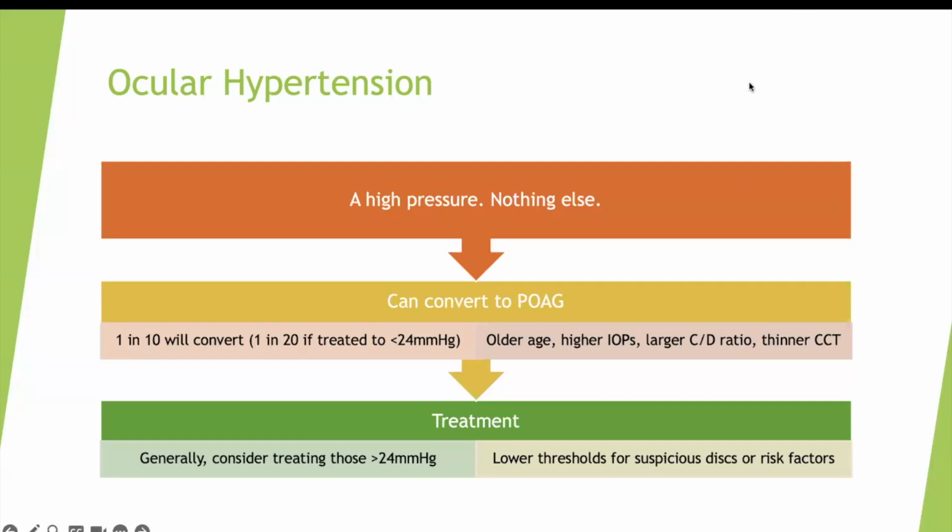But there are certain things that increase your risk of conversion to primary open angle glaucoma. So older patients are more likely to convert. Higher IOPs at presentation are more likely to convert. If they already have a larger cup to disc ratio, if they have thinner corneas, and this is all because you may be underestimating the pressures, these are patients who are more likely to convert. There are also patient-related factors. So, for example, patients from Afro-Caribbean backgrounds are more likely to convert.